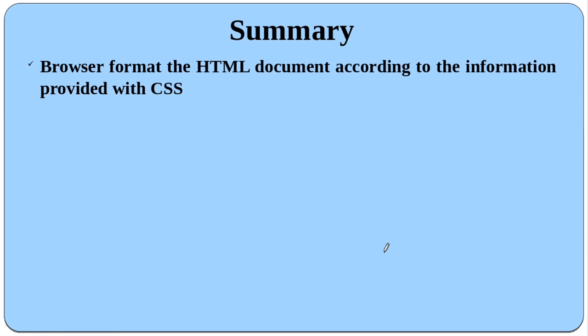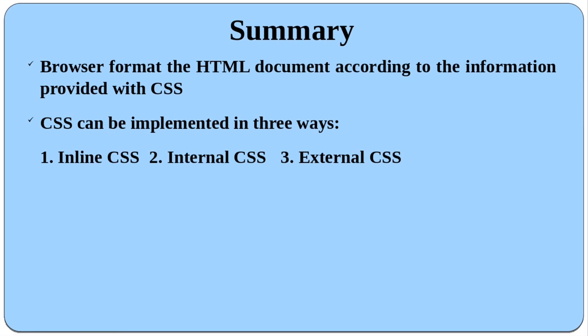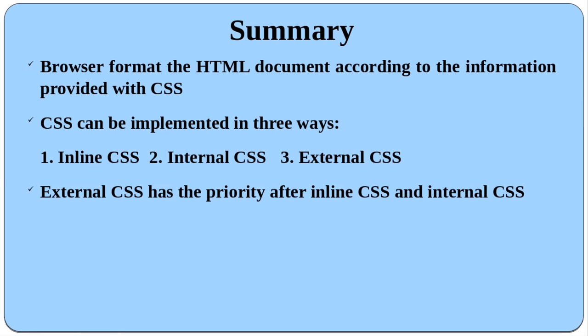Summary of this session. The browser formats the HTML document according to the information provided with CSS. CSS can be implemented in three ways: inline CSS, internal CSS, and external CSS. External CSS has priority after inline CSS and internal CSS.